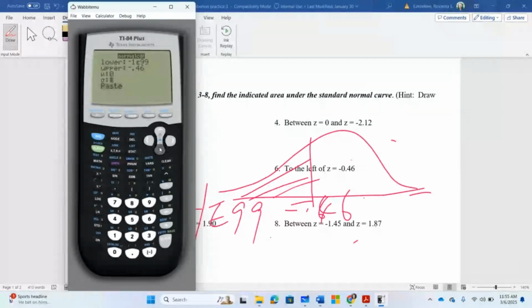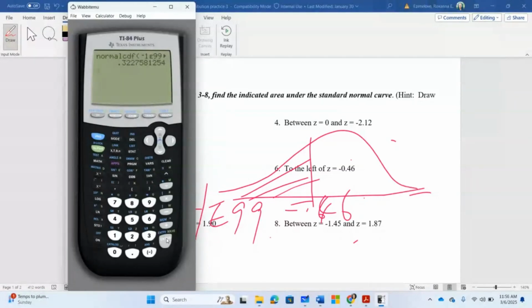So we calculate. So I have area to the left is 0.3328.